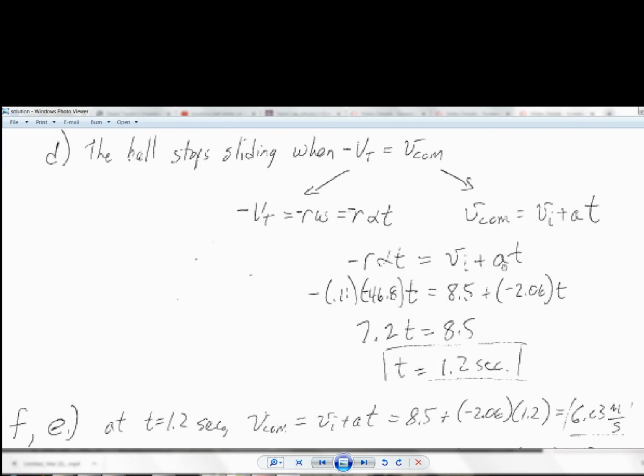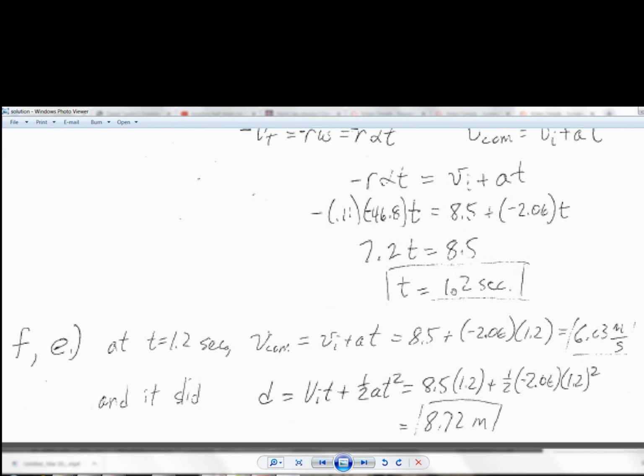And the linear acceleration we figured out was negative 2.06. The angular acceleration we figured out was negative 46.8. The radius is 11 centimeters. Plug in the numbers and solve for t, and we see that the ball will slide for 1.2 seconds. Part E, how far does the ball slide? We figured out that it stopped sliding after 1.2 seconds.